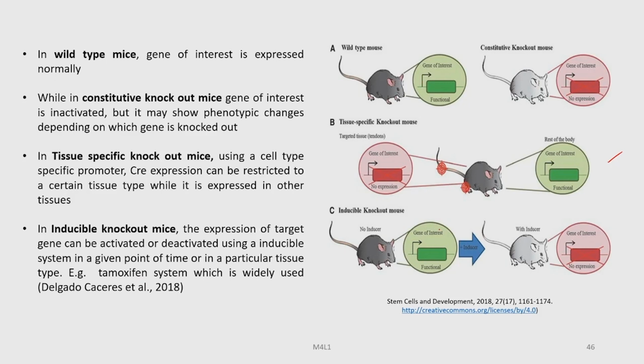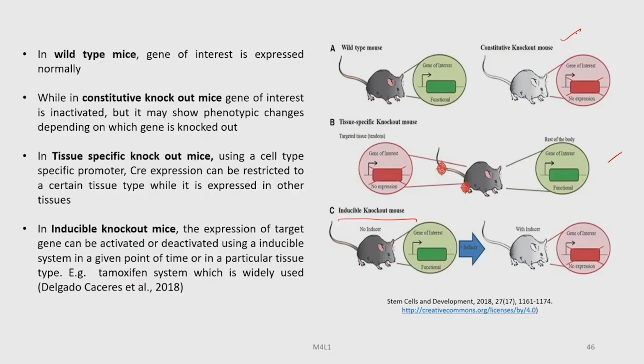For example, we have a gene of interest. In the absence of the inducer, the gene is functional, but in the presence of the inducer, the gene becomes non-functional or there is no expression. So, this kind of knockout is known as inducible knockout mice.